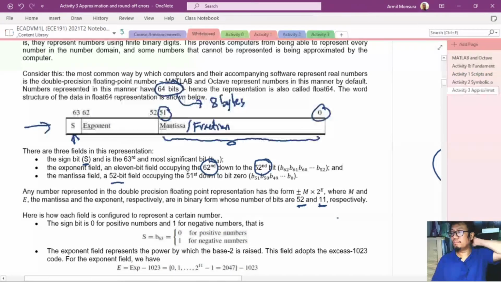So this is the form of your number in a mathematical notation. But when you write this in a code word, this is just a bunch of ones and zeros, whose number of bits is 64. So that's how we interpret this kind of code word.